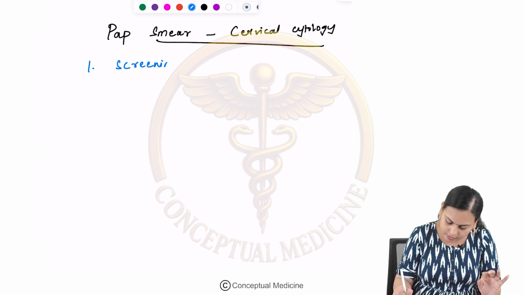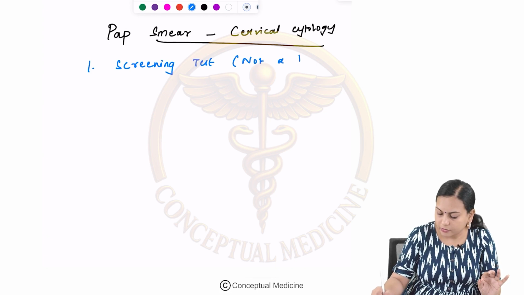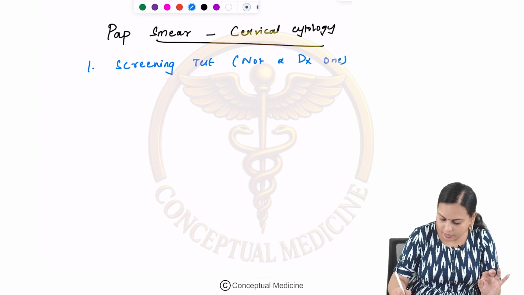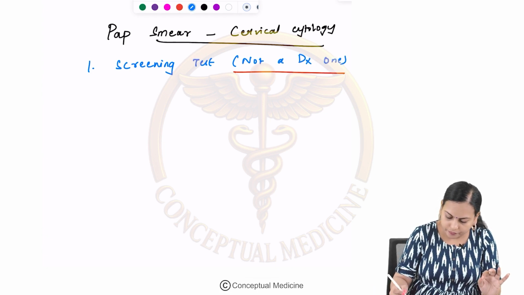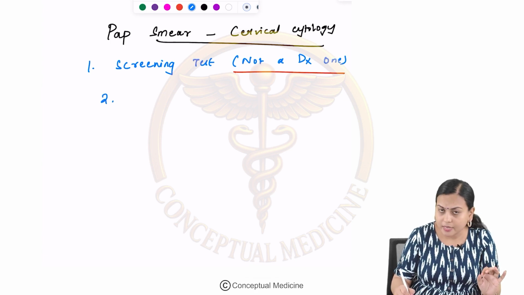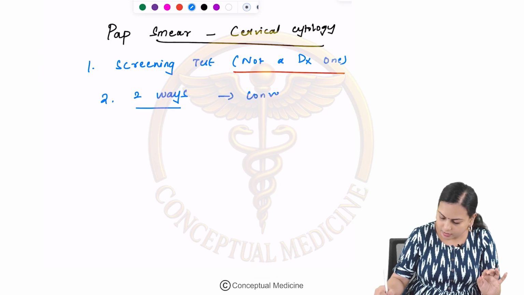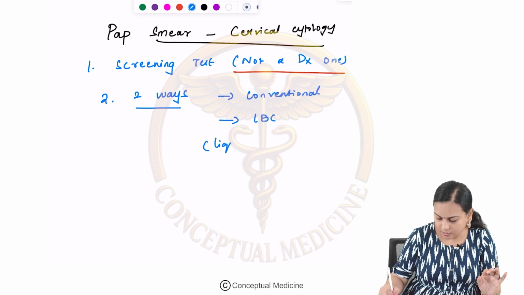This is a screening test, not a diagnostic one. Very, very important. Okay, then it can be done in two ways. Either the conventional pap smear method or LBC, that is liquid based cytology.